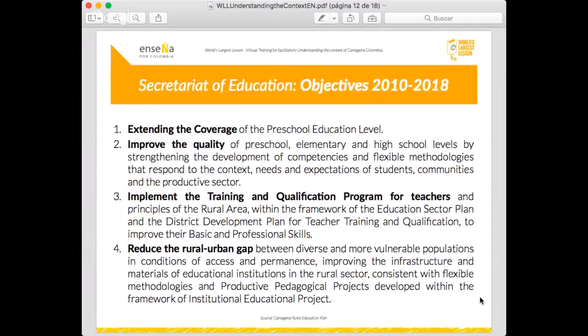Then talking about the objectives of the Secretariat of Education, we have extend the coverage, of course, because it's one of the issues that they want to work harder for. Then improve the quality, implement the training and qualification program for teachers, and reduce the rural urban gap.